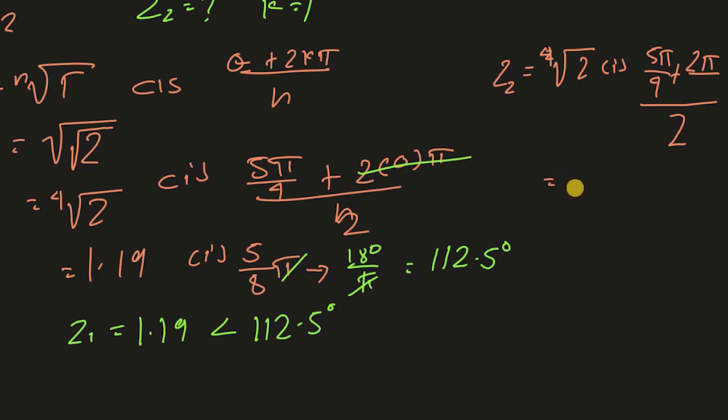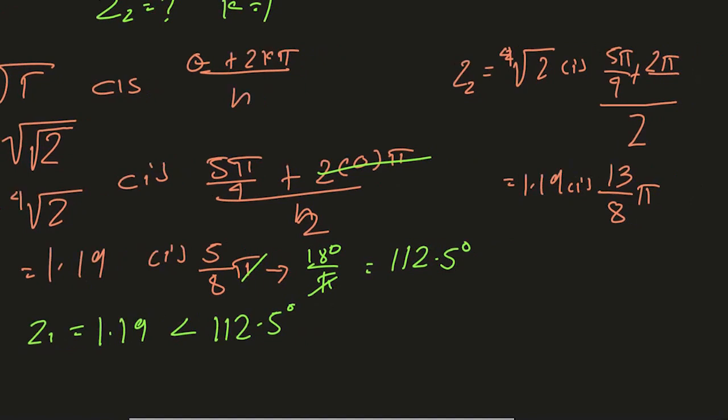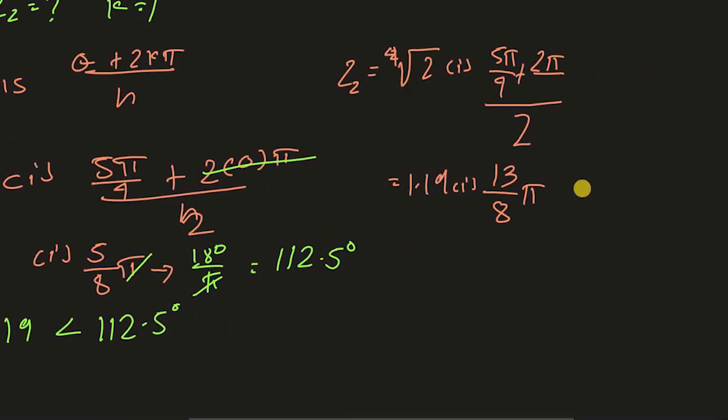So, to solve for that, that's 1.19 CIS. I-add natin yan, 5 pi, so this would be equal to 13 over 8 pi. So, since gusto ko nasa polar form ulit siya, convert ko lang yan sa degrees. So, that would be 180 times pi.